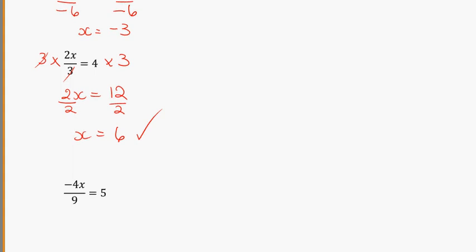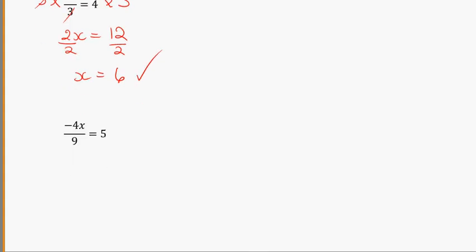Okay, see if we can do the last one. Undo the divide by 9 first by multiplying both sides by 9. 9 over 9 goes to 1, and so you're left with negative 4x equals 45. Now remember, here the x is multiplied by minus 4, so you're going to divide by minus 4 on both sides.